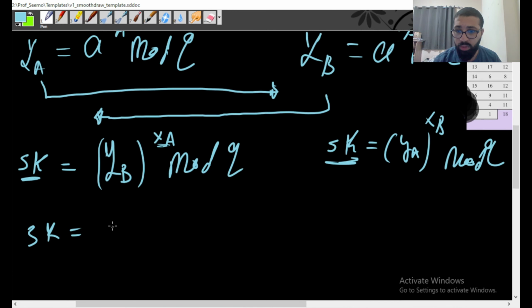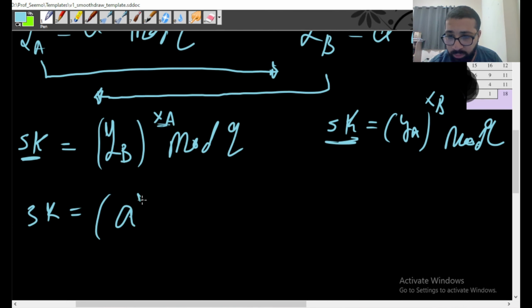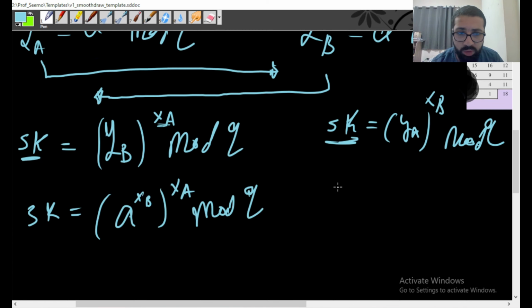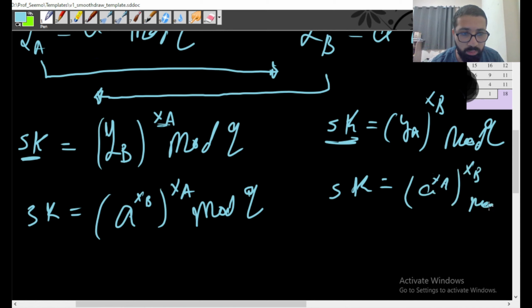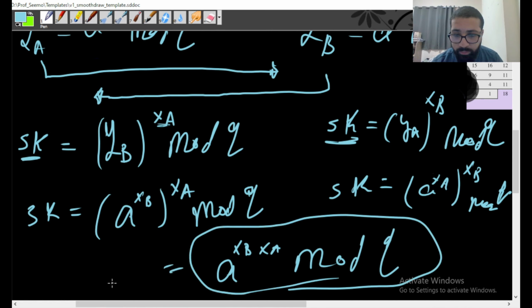YB is equal to A to the power of the private key of Bob, to the power of XA mod Q. Also, on the other side we have SK, the public key of Alice, which is equal to A to the power of XA, to the power of XB mod Q. Can you see that both of them are equal to A to the power of XB times XA mod Q, which is the value of the secret key?